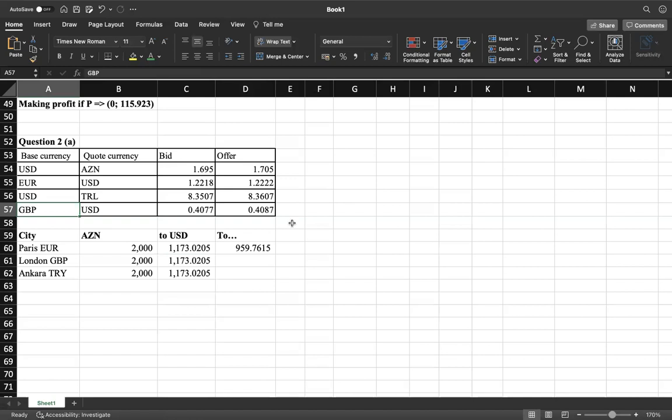So I am buying British pound, therefore I should use the GBP offer rate. Okay. So 870 British pound is equal to 1,173 USD.